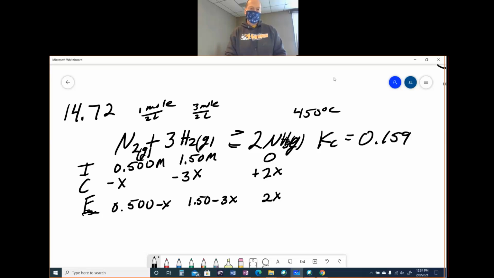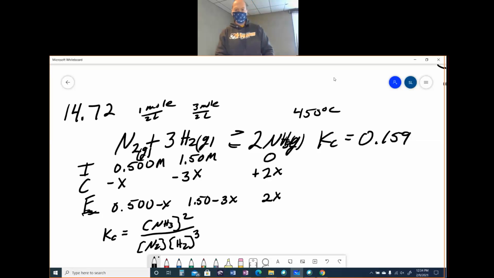When we write our equilibrium expression for Kc, it is your products, concentration NH3, everything here is a gas, so everything is included, squared over concentration of nitrogen, and the concentration of hydrogen raised to the 3rd power. All right, and so now we're going to put in our equilibrium conditions.